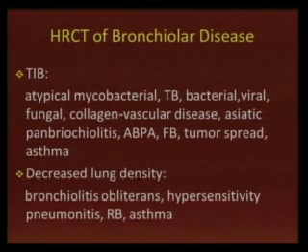If we have tree-in-bud pattern, probably the most common causes are infectious processes: TB, bacterial, viral, ABPA, and some cases of asthma. If you have a hyperlucency of the lung, we have to consider Swyer-James syndrome and check if there was a history of viral infections in childhood. You can see decreased lung density in cases of BO and also in cases of respiratory bronchiolitis and asthma.